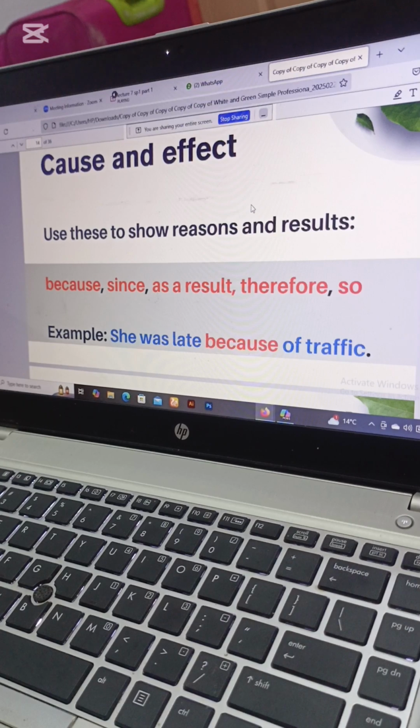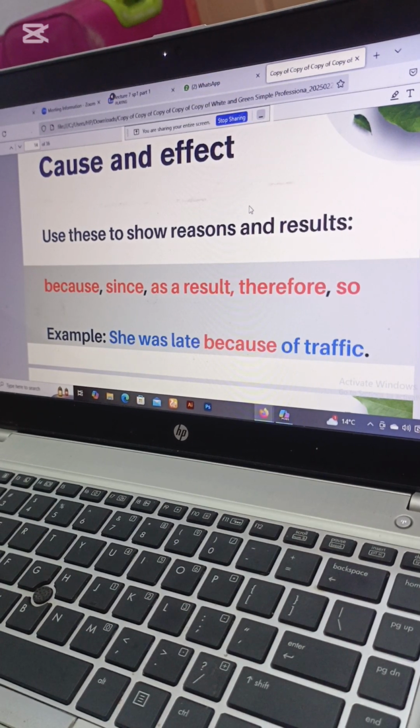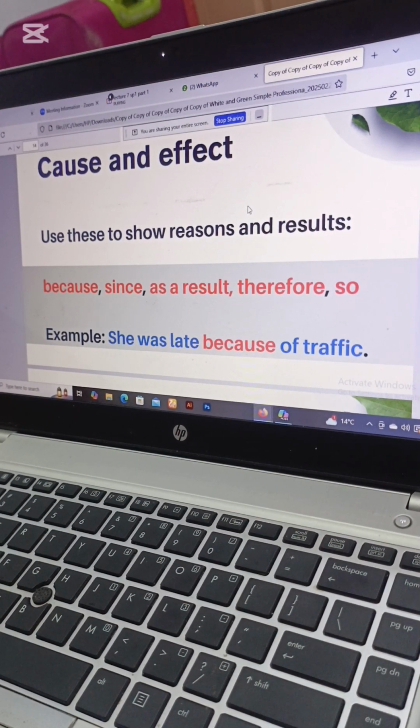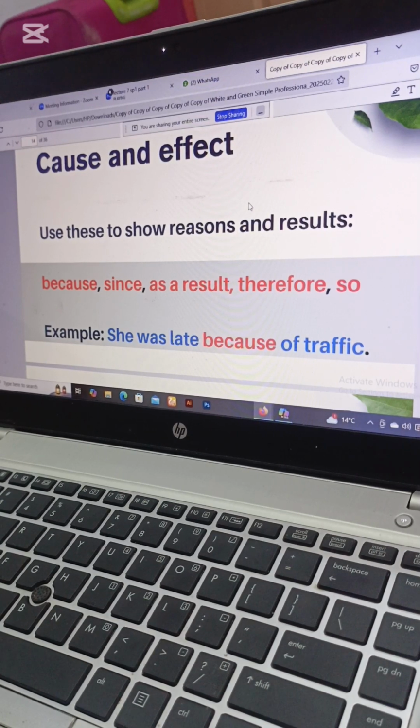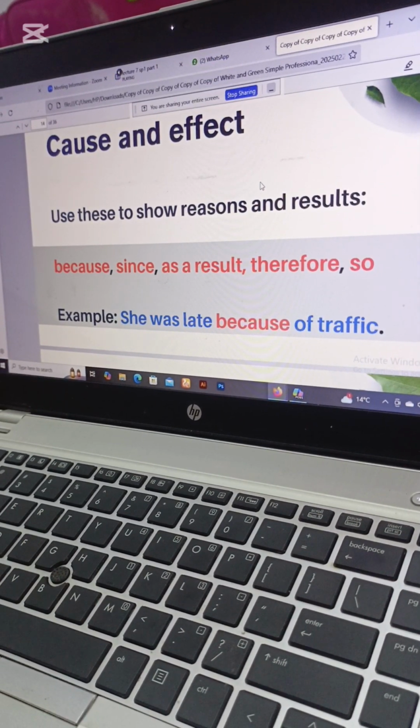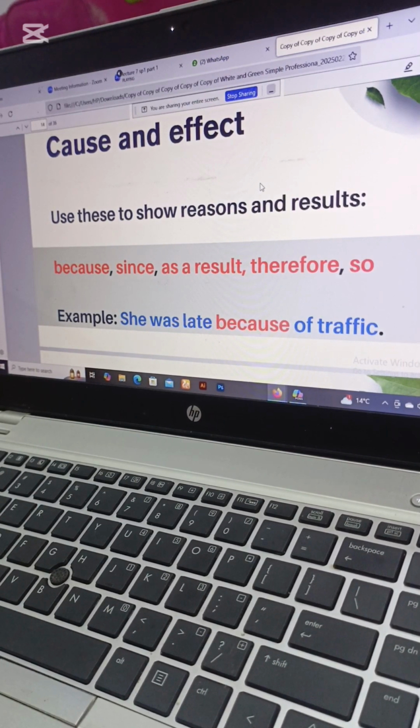Use these to show reasons and results. Okay, because, since, as a result, therefore, so. Can you say therefore? Therefore, yeah.